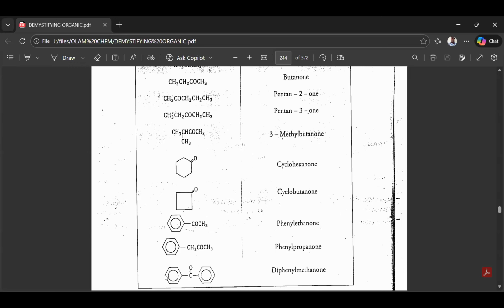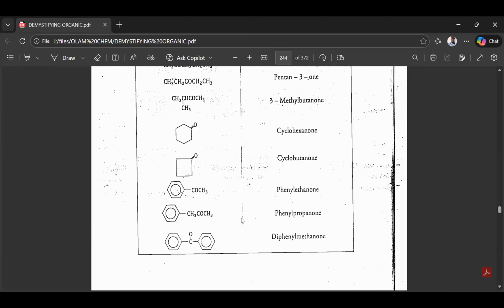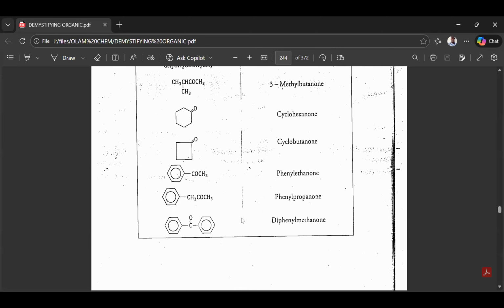So it is diphenylmethanone. Okay, so that's how best we can name ketones. Wherever you find ketones, you should be in a position to name each and every ketone, and each and every aldehyde.